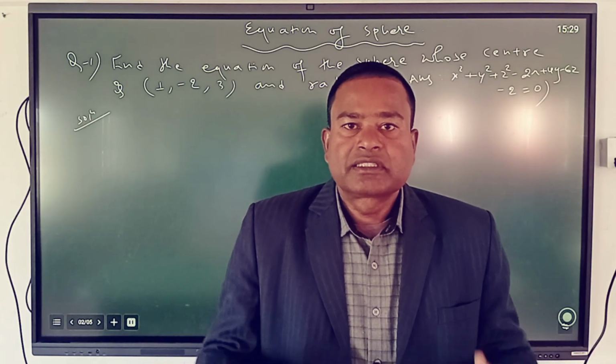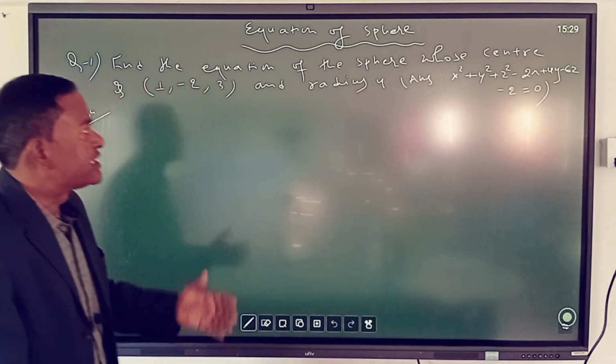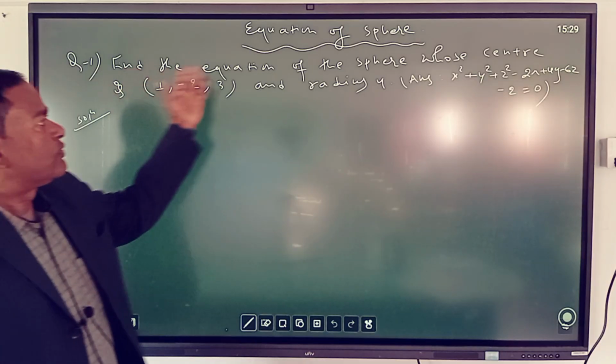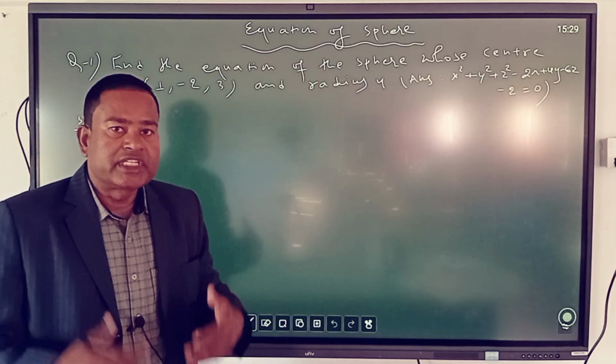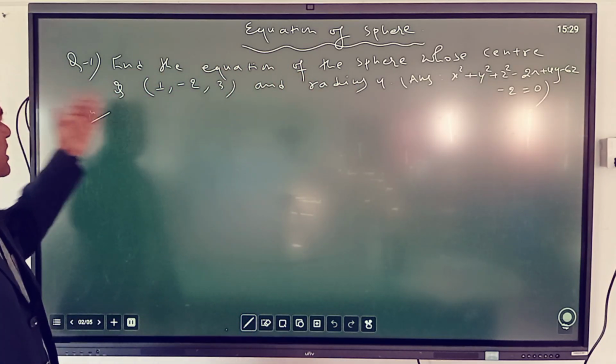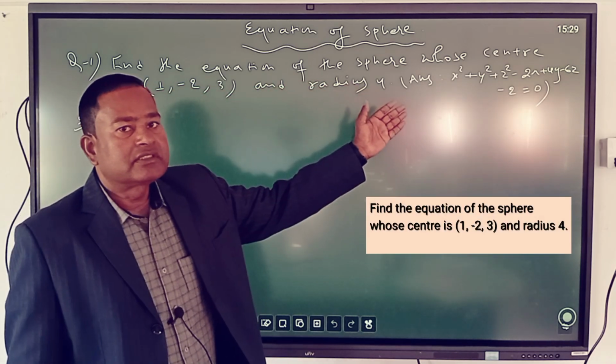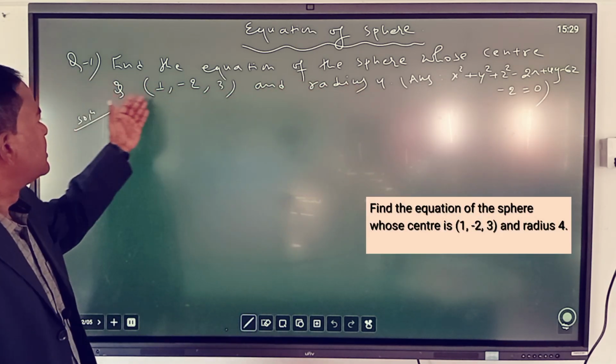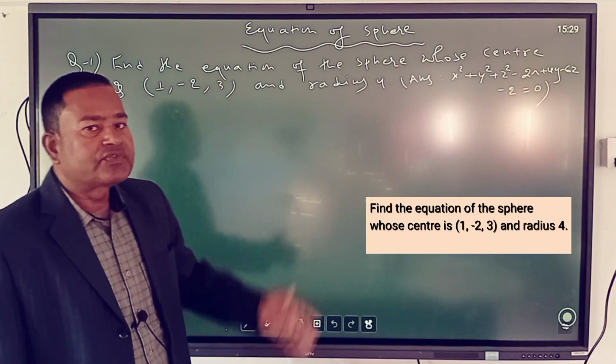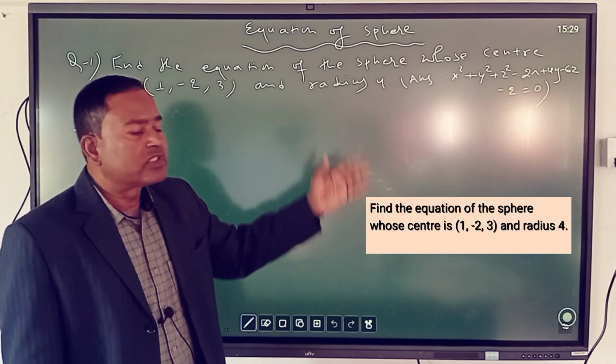So let's solve the question which is related to the equation of a sphere. Dear student, the question is, find the equation of the sphere whose center is 1, minus 2, 3 and radius is equal to 4.